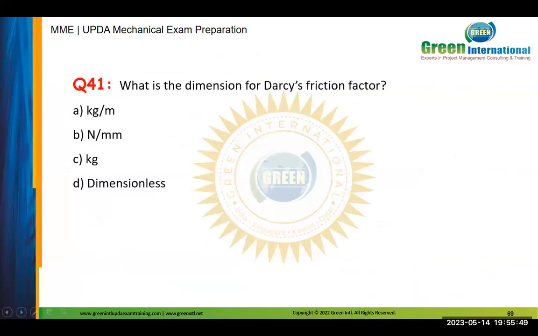What is the dimension of the Darcy friction factor? No idea? Share your answer in the chat. The Darcy friction factor, which is f, is dimensionless.